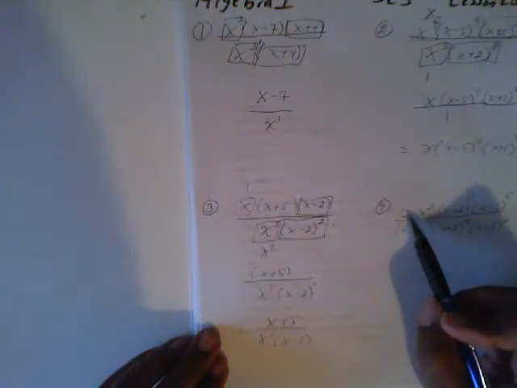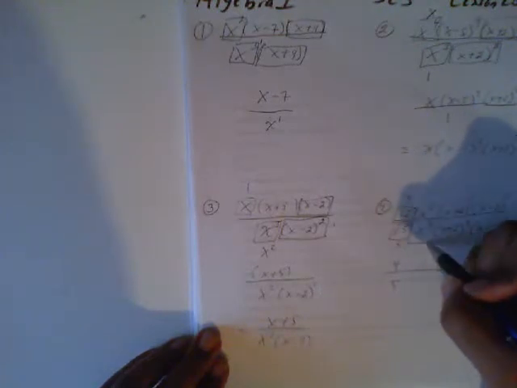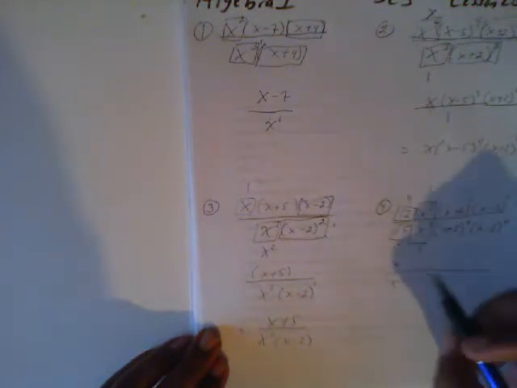Here I have a 12 and a 15. Both of these are divisible by 3, so I'm going to simplify them by dividing them by 3. So this becomes a 4, and dividing this becomes a 5. So 4/5. These two can cancel each other out and become 1. So 4 times 1 is 4, and 5 times 1 is 5. The x plus 2's, I have 5 on top, 4 on the bottom.